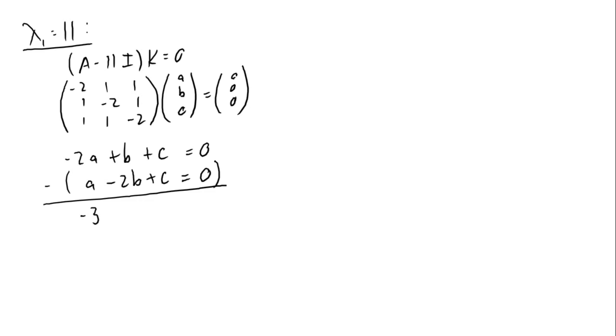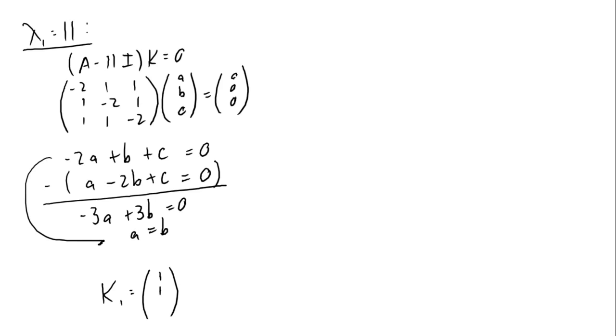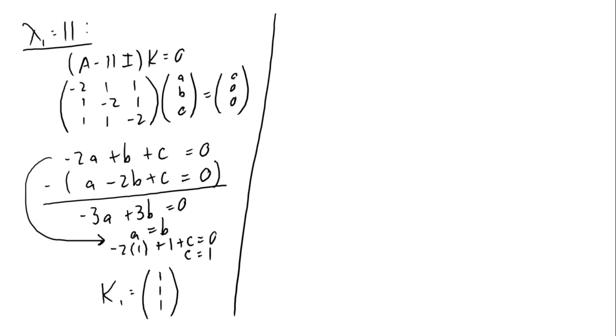So I get negative 3a plus 3b equals 0. So I get a is equal to b. So in my eigenvector, I'll just let a and b both be any number you want other than 0 is great. I'll just pick ones. And then if I go back to the top equation, negative 2 times 1 plus 1 plus c is equal to 0, I end up finding out that c is also going to be 1. So my first eigenvector is the vector 1, 1, 1.